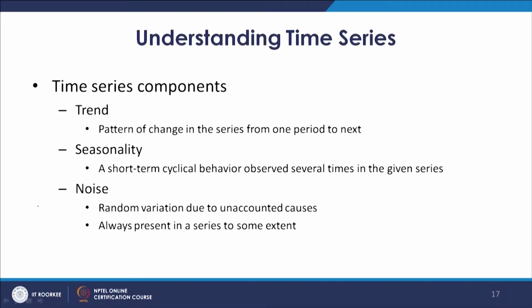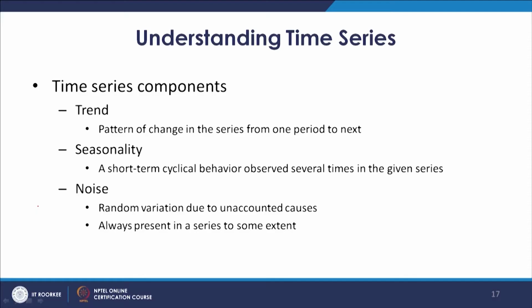The last component of a time series is noise. As we have done in our previous course as well, noise is defined in a similar fashion. Noise here is also random variation due to unaccounted causes. Anything that we cannot understand becomes part of the noise term. We define it as random variation because if there is any pattern or any structure left in the series, then we are supposed to capture that.